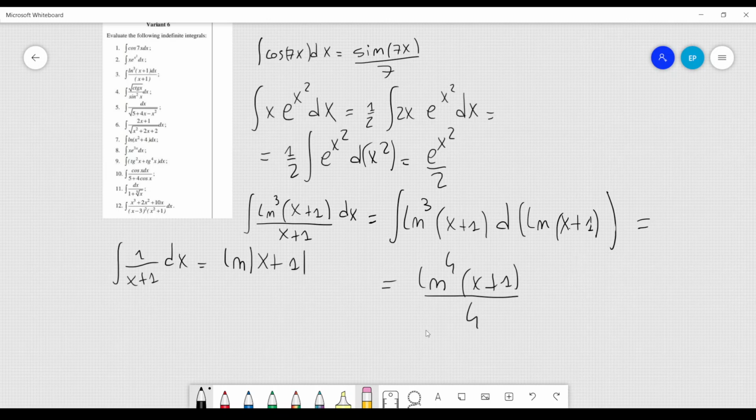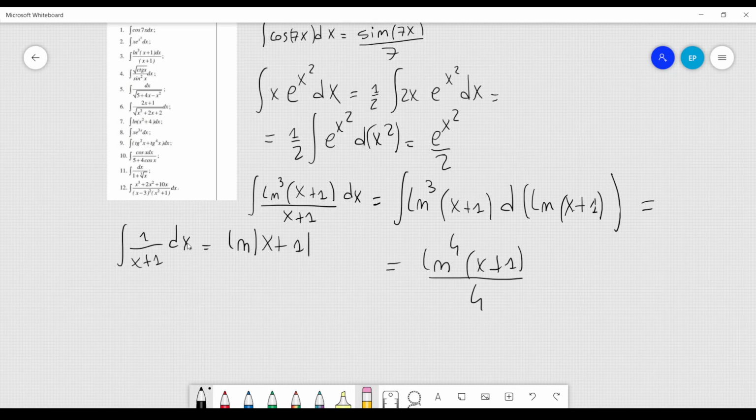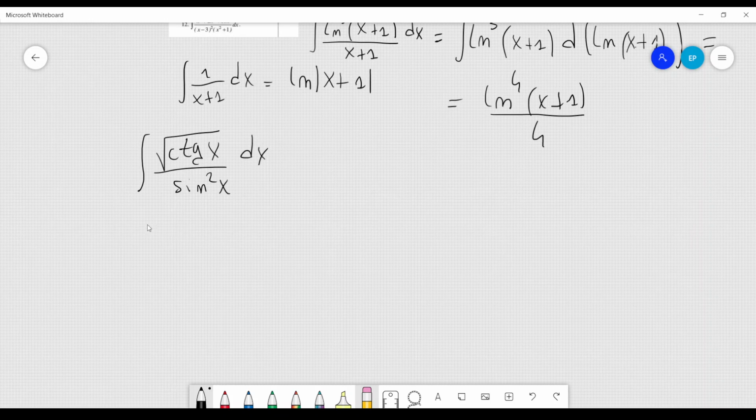Let's do another one before concluding and continuing in the next video. Number 4: the integral of the square root of the cotangent of x divided by sine squared x, dx. If you recall from derivatives, the derivative with respect to x of the cotangent is exactly minus 1 over sine squared x. Let's prove it quickly because this is very easy to do.